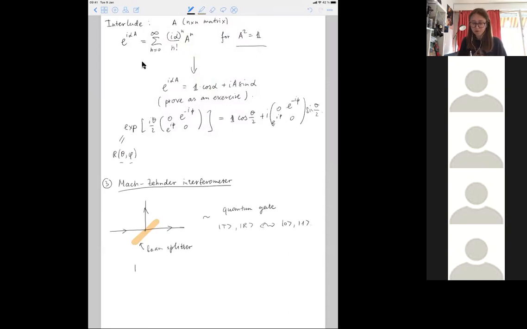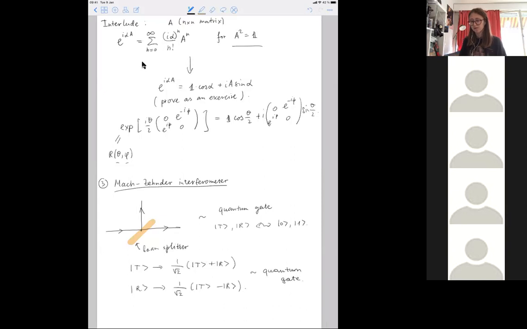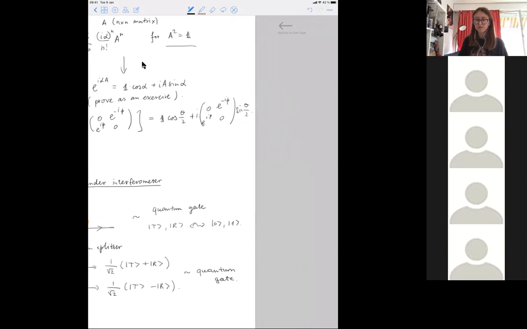If the incoming beam is in state T, then it transforms it into this state. And if the incoming state is R, then it transforms it into this state. So this can be represented as a quantum gate.